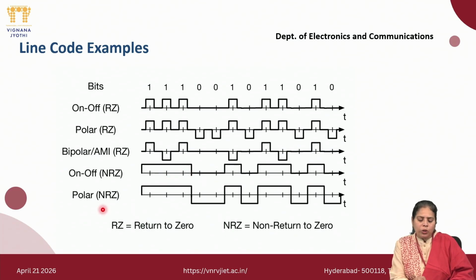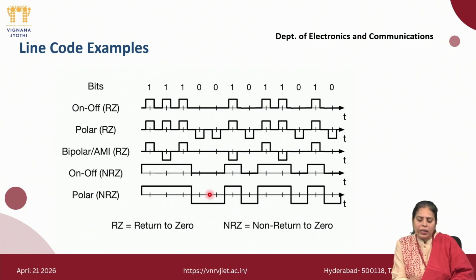Now again, talking about one more form, which is non-return to 0, but we are using a polar formatting. In this case, we represent 1 with a positive high value, whereas 0 is represented with a pulse of negative amplitude.